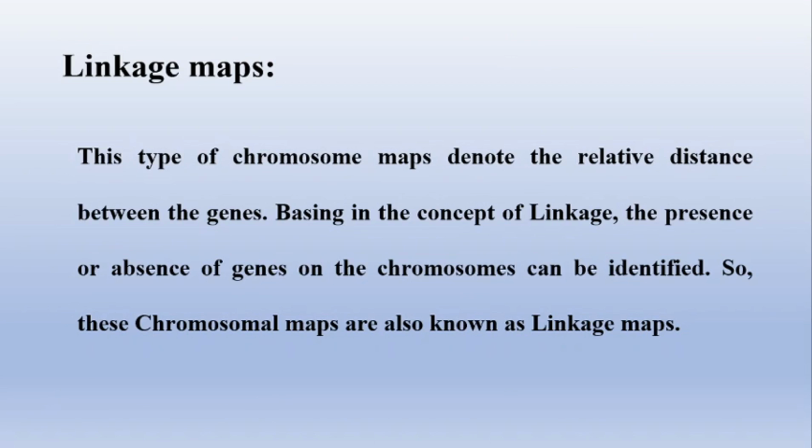Coming to the linkage maps, these maps are constructed based upon the concept of linkage, and the genes present on the chromosome are represented with reference to their relative distances.